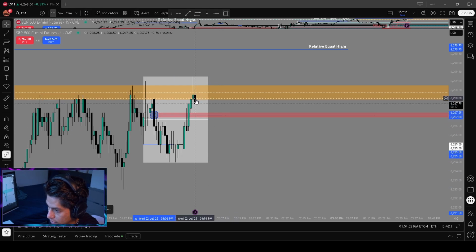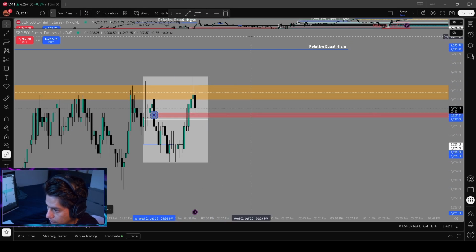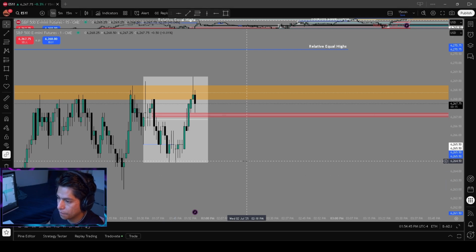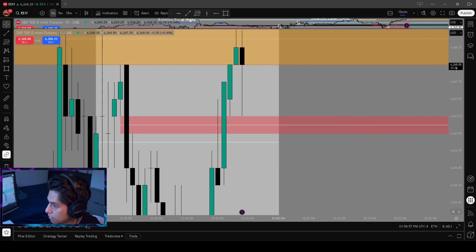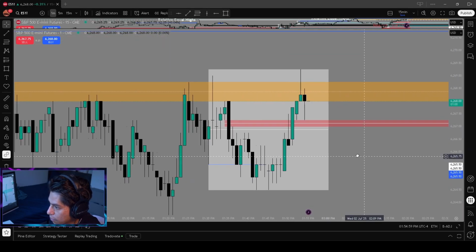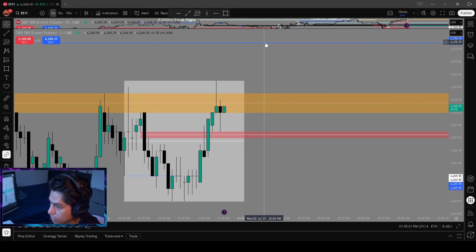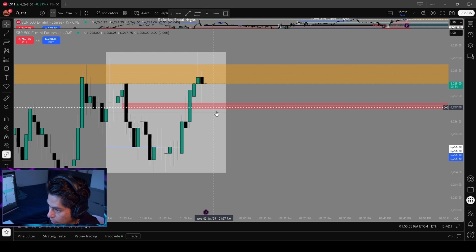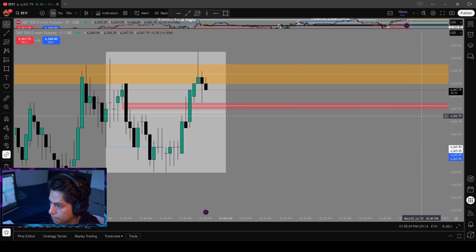So here I kind of want to see if it wants to touch this and then go higher, taking this out, or going through it and then coming back up to it and then going back down lower. You know, the very high of it. So now what I kind of want to see is if price does want to go higher from here, but if not, I want to see it go through it, up to it, and then back down.